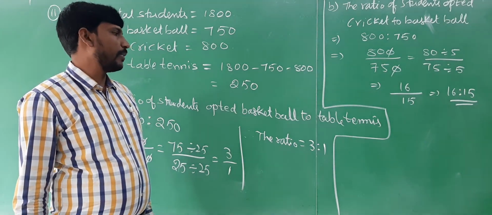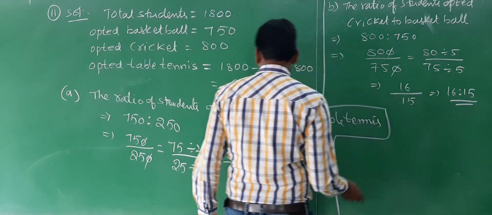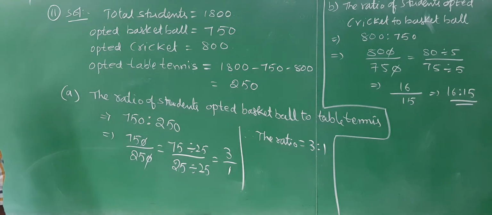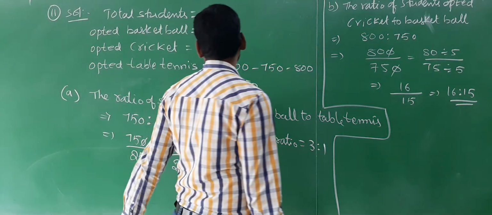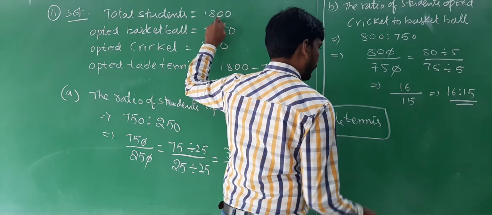Now there is one more bit, that is C. Okay, what is C here? They are asking to find the ratio of the number of students who opted basketball to the total number of students. Basketball to total number of students. Basketball is 750 and total is 1,800. Right, children?